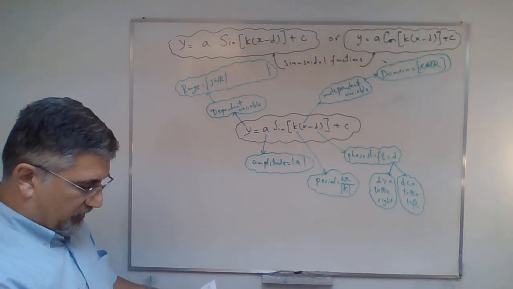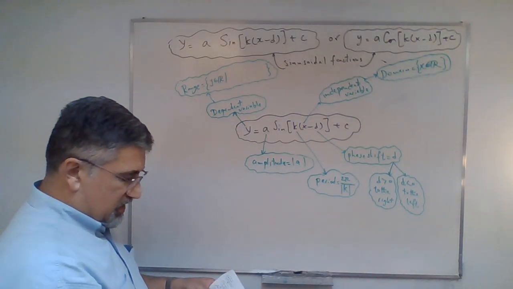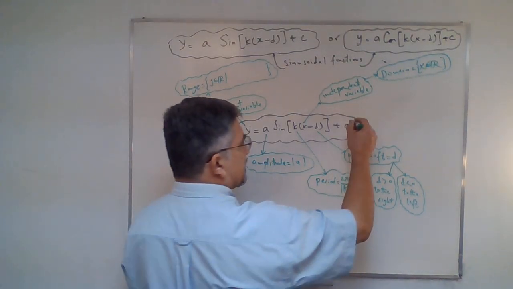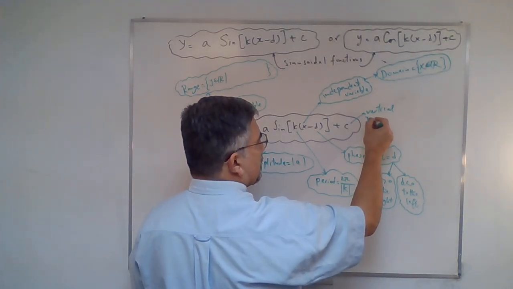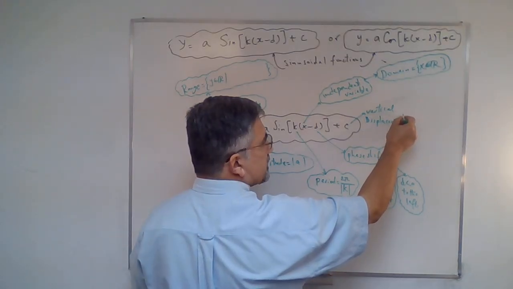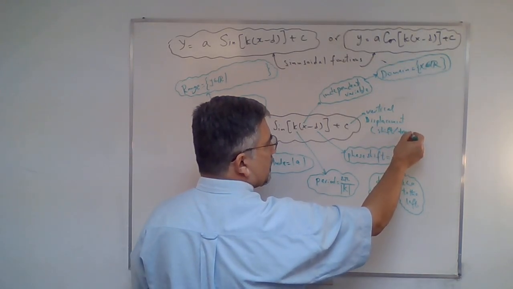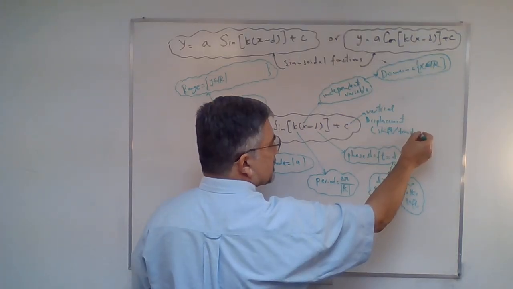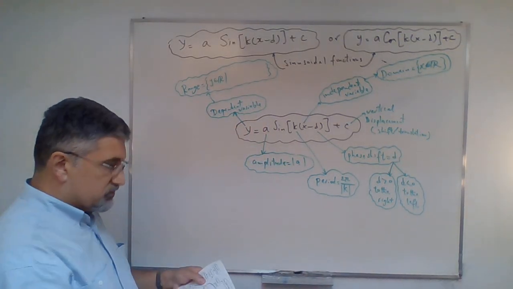And then we have the value of C, which identifies the vertical displacement, or you can say vertical shift or translation. All of these mathematical terminologies are valid. You can use them.